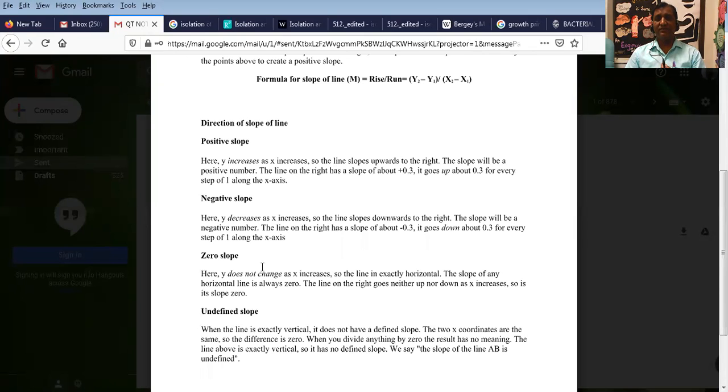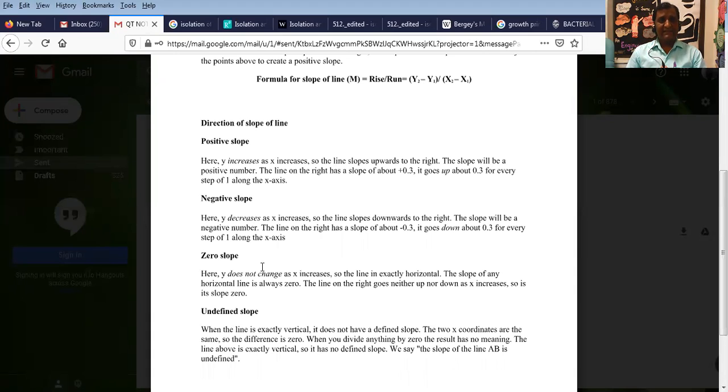It goes up about 0.3 for every step of 1 along the x-axis. That means when the direction of both axes on a line is positive, in the same direction, it is also called a positive slope.